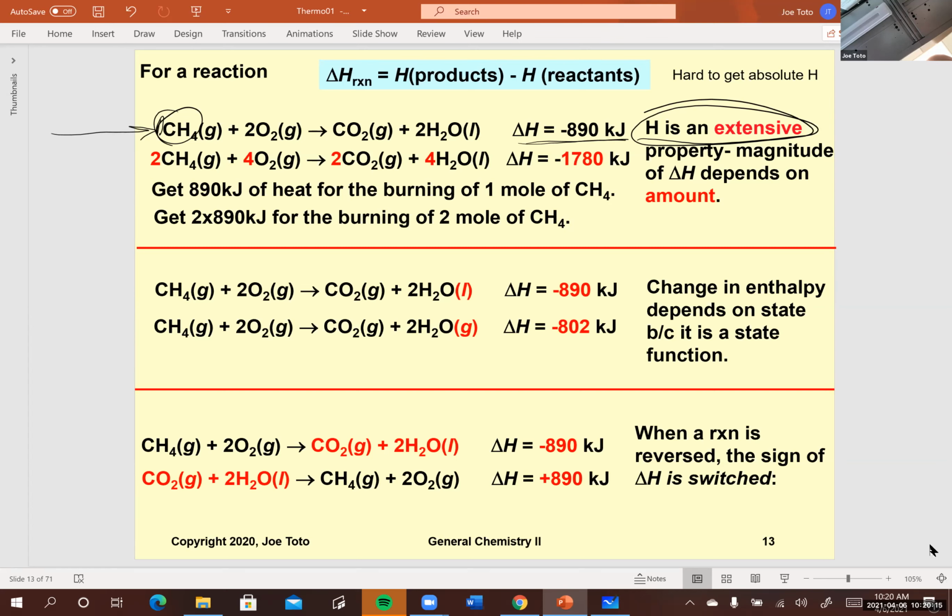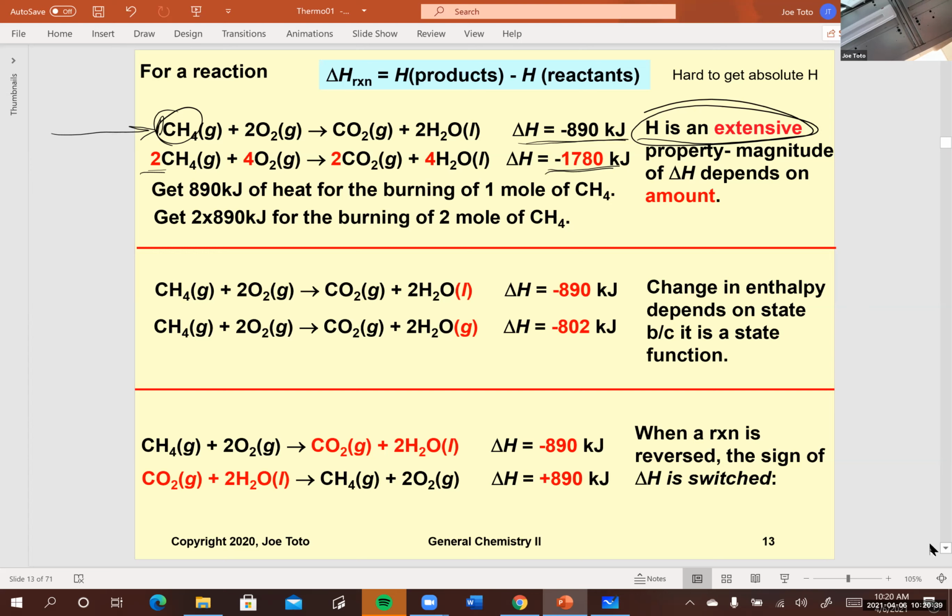If I double the amount of methane that I burn, then I'm going to get double the amount of heat that's given off. So that's what it's meant to be, an extensive property. It's just amount dependent, and those stoichiometric coefficients come into play for those type of properties.